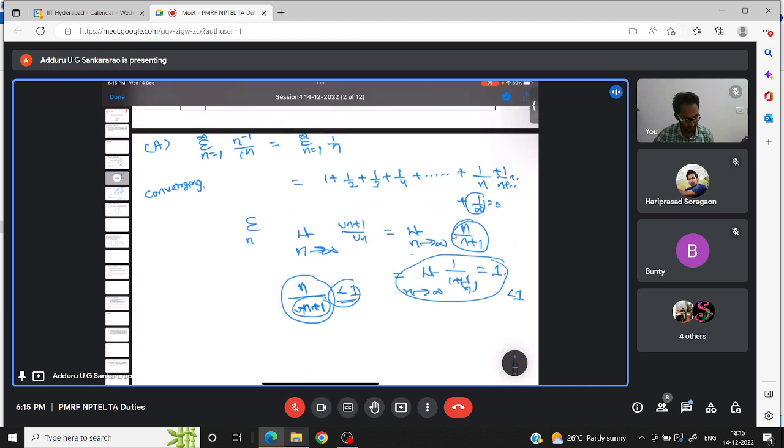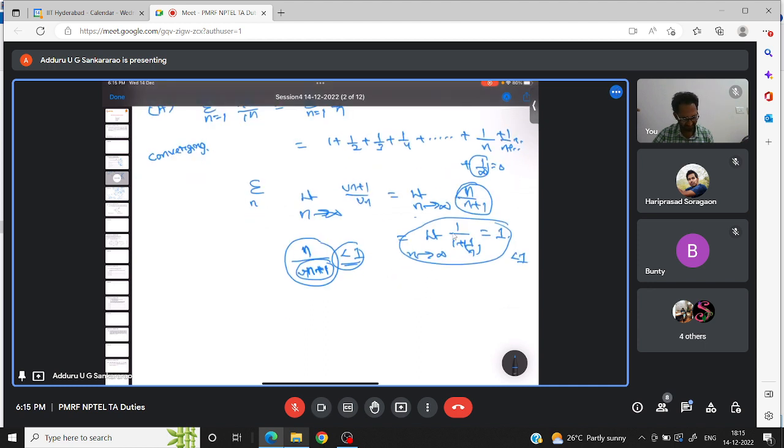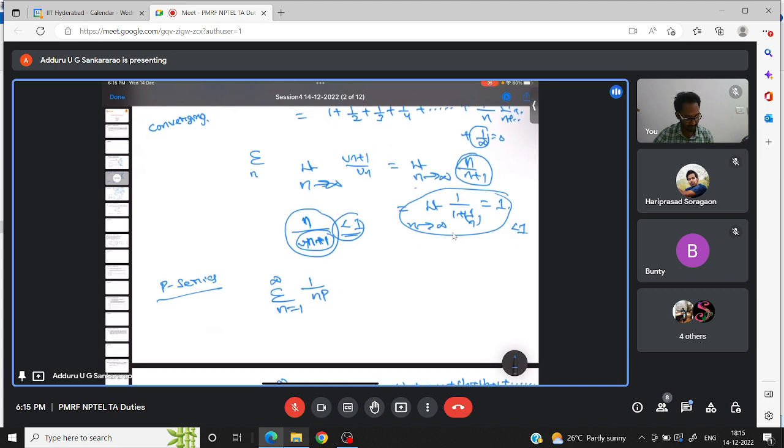Else, for this we can use something called the P series, I guess. If we have a summation like this, sigma n equal to 1 to infinity of 1 by n power p, if p is greater than or equal to 1, definitely it will be converging.